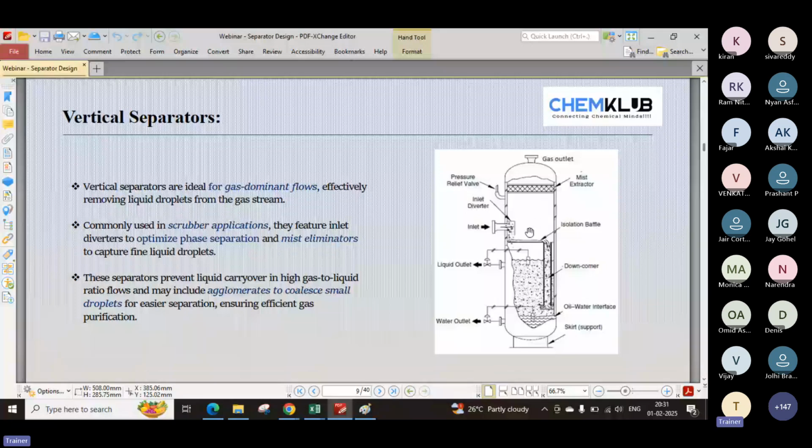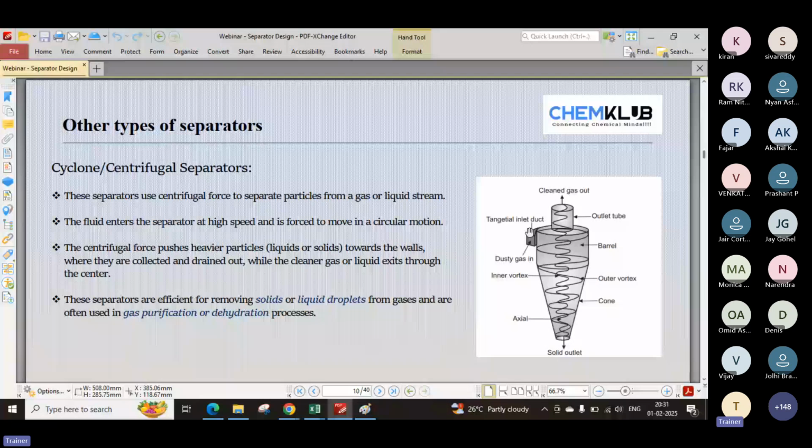There are some other methods of separation as well, like what we have on the screen, which are called cyclone separators. Cyclone uses centrifugal force, and the entry of the feed is tangential, so that the higher density fluid will flow across the surface, stick, and fall down, whereas the lighter fluid will go from the center outward.